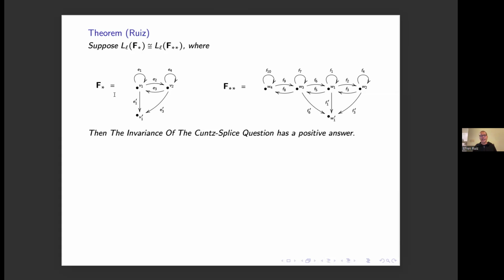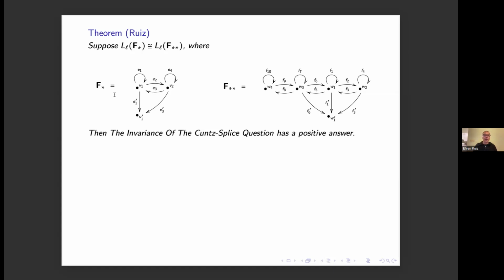Now, these things didn't appear out of nowhere. These are graphs that we studied for the invariance of the Cuntz-Splice question for graph C-star algebras. All I did was take my paper with Søren Eilers, Gunnar Restorff, and Adam Sørensen on graph C-star algebras, and realize that, oh yeah, we can do things in the Leavitt path algebra as well.